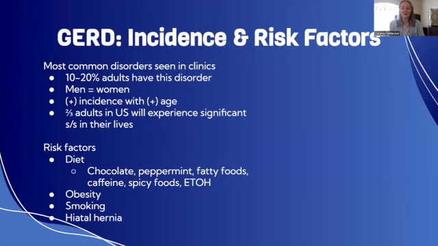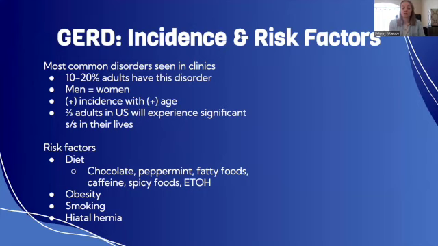So GERD is one of the most common disorders seen in the clinic. In the US alone, GERD is the most common disease and accounts for $15 to $20 billion a year. About 10 to 20% of adults will have this disorder, and there's an equal amount of men versus females that acquire the disease.